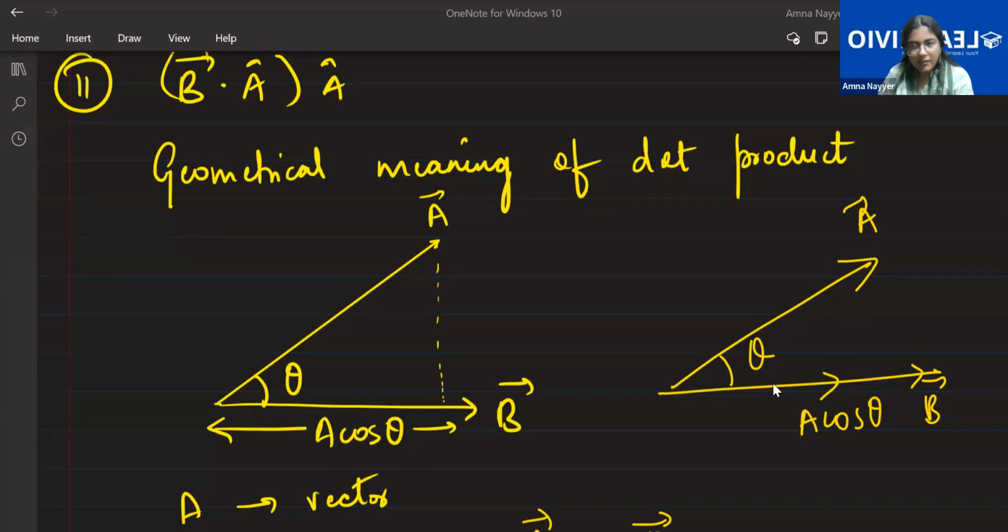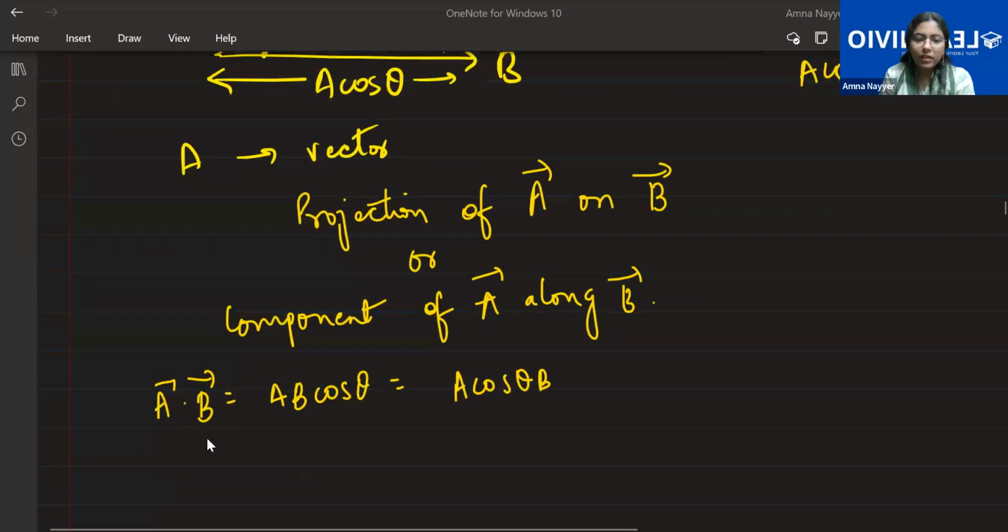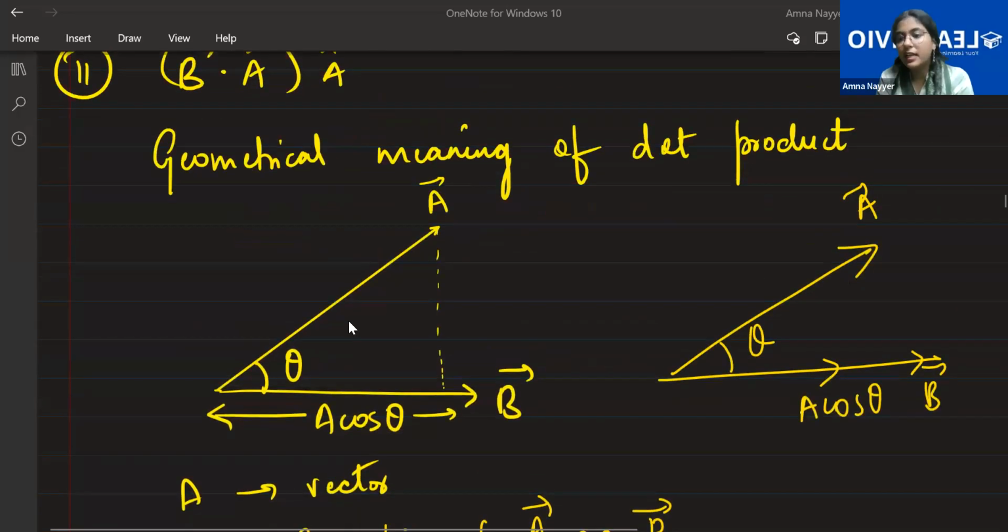So this A cos theta and this B are aligned together. This is what we write now, AB cos theta. That is what is meant by projection of A on B or component of A on B.